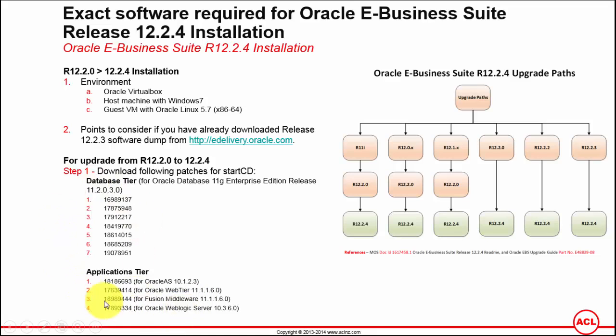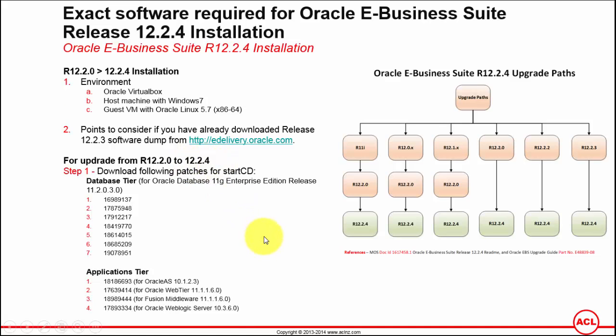So these are the patches you require for upgrading your StartCD, which comes as a part of the software that you downloaded from the Oracle eDelivery website for release 12.2.0, and prepare it for 12.2.4 installation.